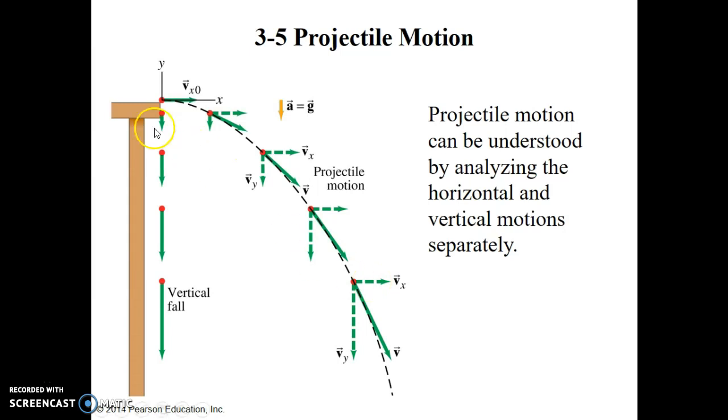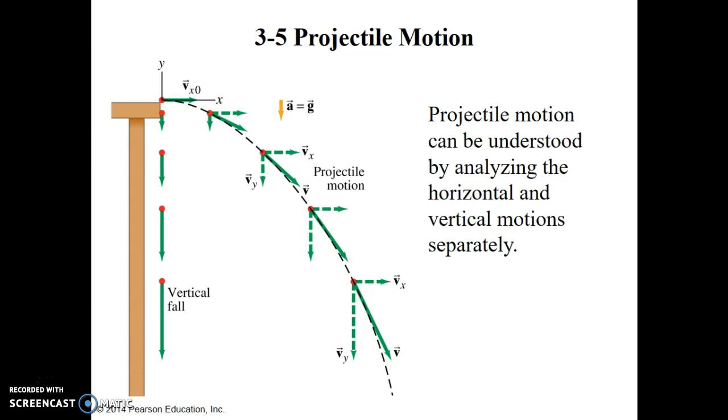So if you put them together, you have, to begin with, nothing but an initial velocity in x, and then a moment later you have the same velocity in x, but you now have a velocity in y because of gravity, giving you a total vector slightly downward. A moment later, vy is a little bit larger, which gives you a velocity even more downward, and then as the velocity in y increases, your total velocity vector increases in the downward direction.